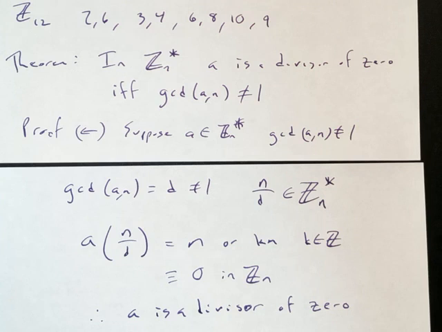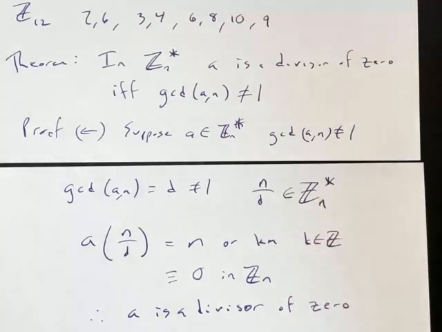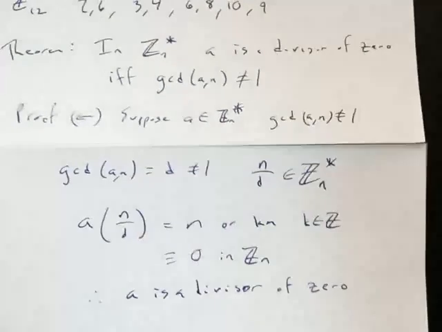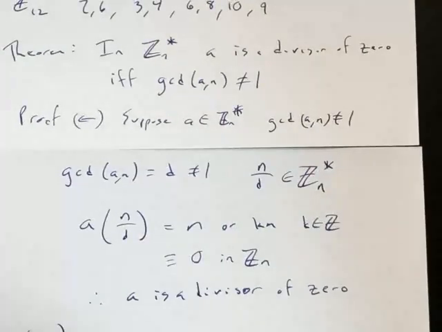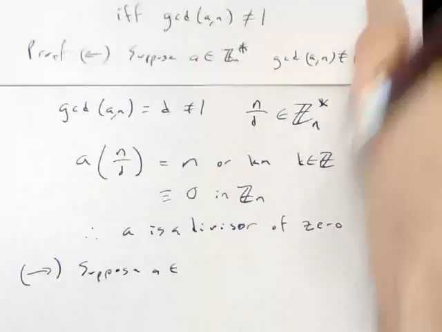So I think that the relative primeness is the key to doing the proof. So if I want to do the other direction, I should do it by contrapositive and suppose that the greatest common divisor is 1, and then show that it can't be a divisor of 0.